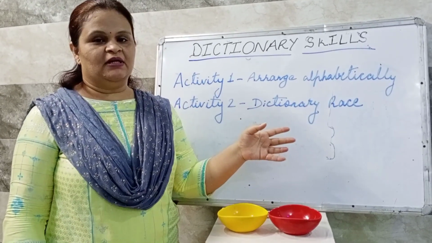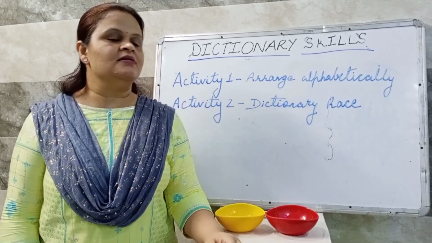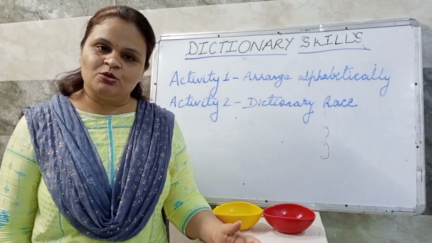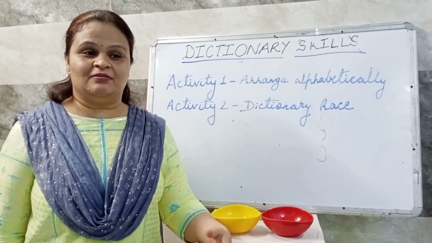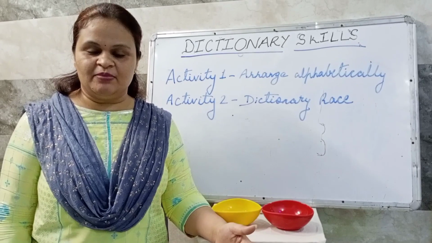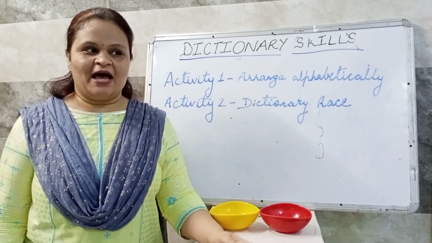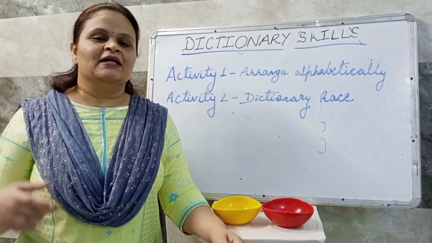Actually it's a game, and it's a very interesting game. You can play this game with your siblings, cousins, family members, grandfather, mom, dad, even with your neighbors. Or if you don't have anyone to play with, you can even play it with your classmate.